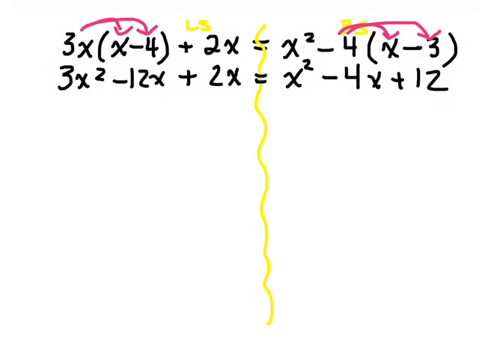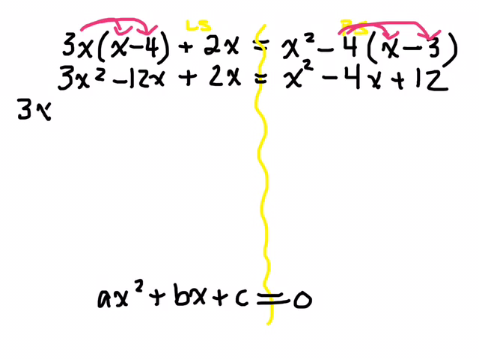Okay, so standard form has to be set equal to 0, and it's in the form ax squared plus bx plus c equals 0. This is still not in standard form. So we want to bring all of our terms to the left side of the equation, right? So on the left side right now we have 3x squared minus 12x plus 2x.